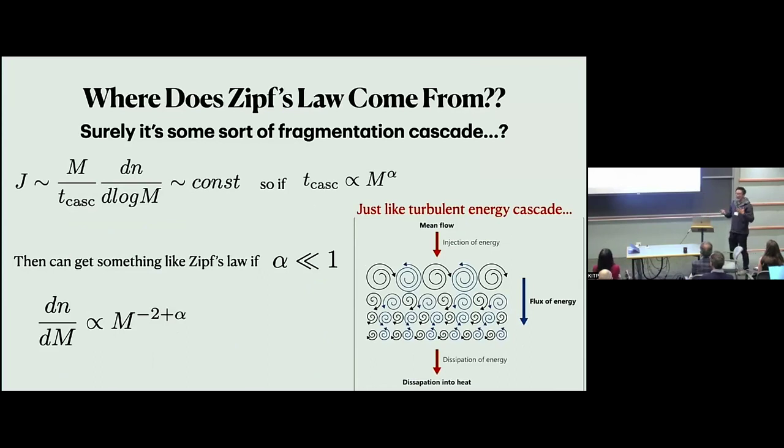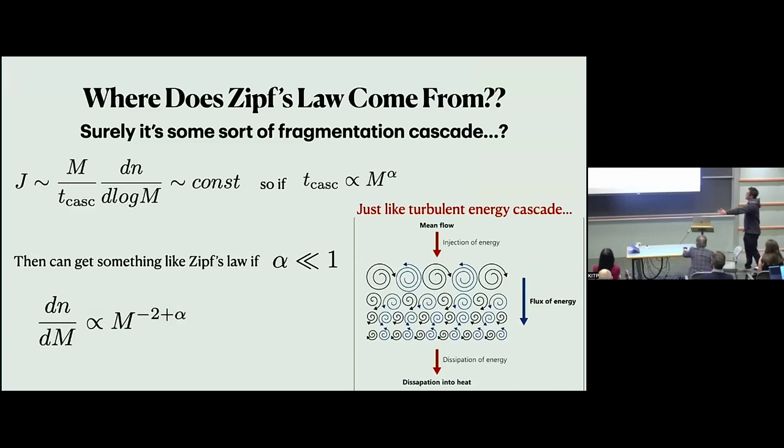So the natural thing to think when you're thinking about Zipf's law or some sort of power law distribution in mass, since we're at a turbulence conference, is a cascade, right? You think of some conserved quantity, you conserve mass, and you have a fragmentation cascade. And you can just do dimensional analysis just like you do for turbulence. You say this is the mass flux through different masses, right?